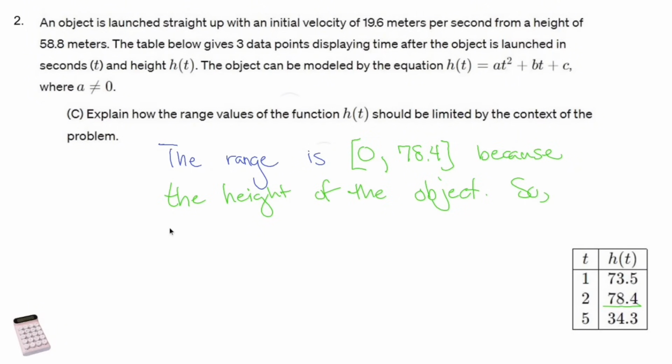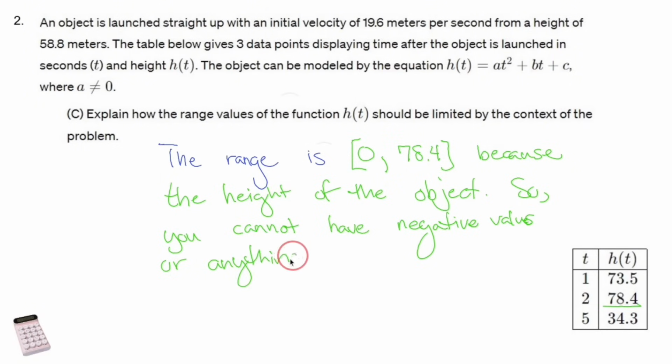So you can't have negatives. And you can't have anything greater than 78.4, or anything larger than 78.4.